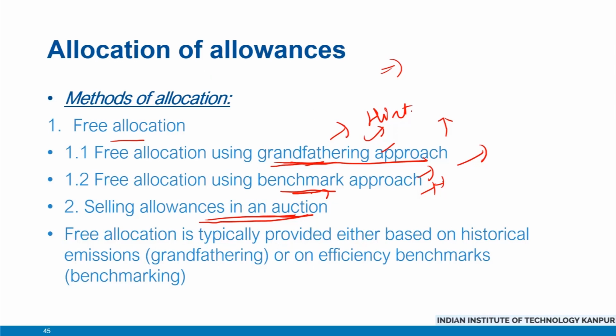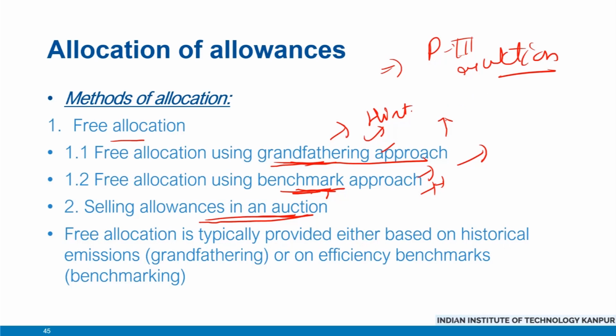And that is the reason why, from phase 3 onwards, benchmarking was chosen as the default, major method to allocate allowances for free. Also, a sizable share of allowances in phase 3 were given through the auction method.